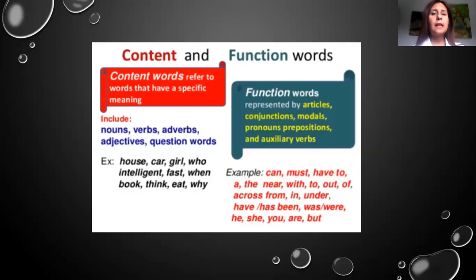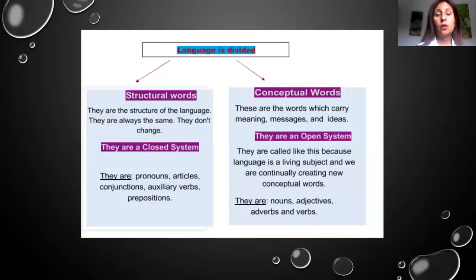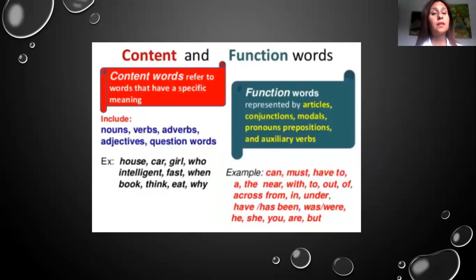Now, these kinds of words, structural and conceptual, are also known as content and function words. You can also find this topic like this, okay? According to the different authors, some authors say they are structural words and conceptual words, and other authors define them as content words and function words.